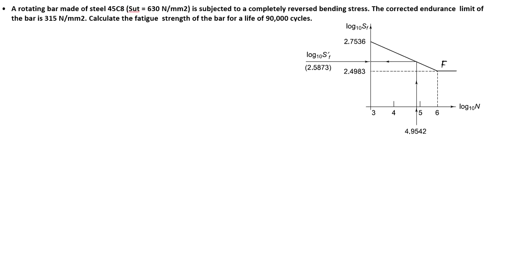Here we have to write the given data from the problem statement. In the problem statement, they have given the ultimate tensile strength of 630 Newton per mm square, which is subjected to completely reversed bending stress, and the corrected endurance limit of this bar is Se equal to 315 Newton per mm square.